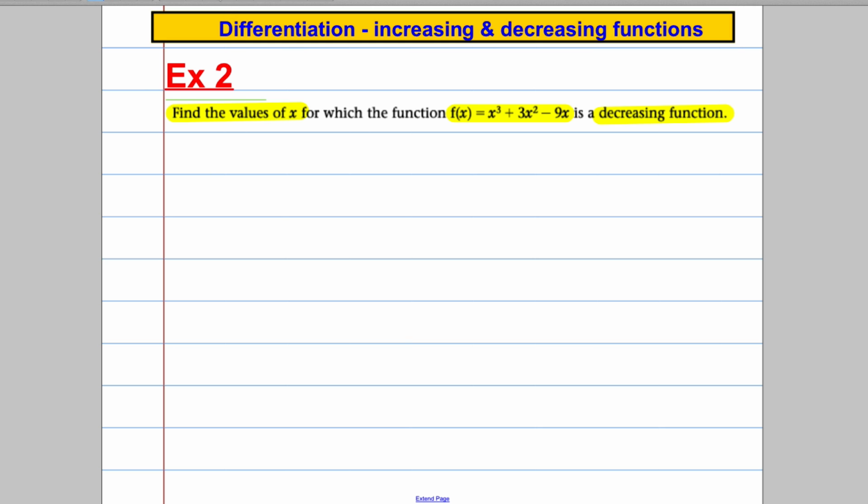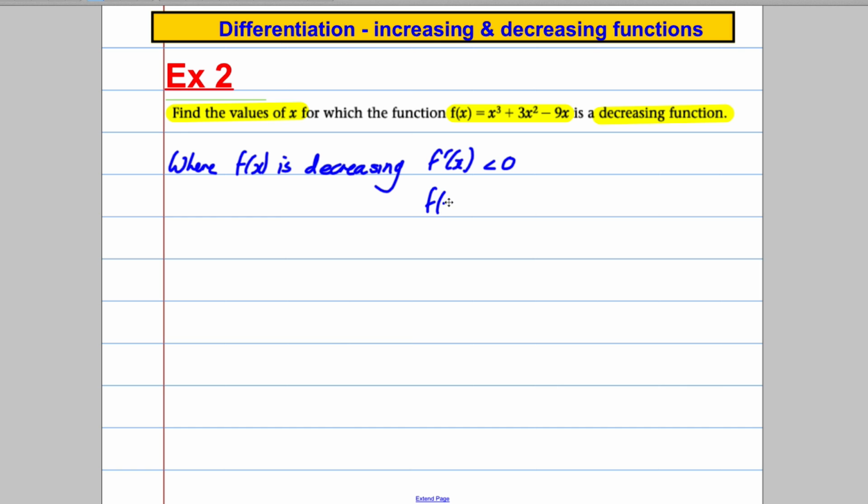So let's think. What must be true where it's decreasing? Where f of x is decreasing, its gradient must be negative. F dashed x must be negative for those points.